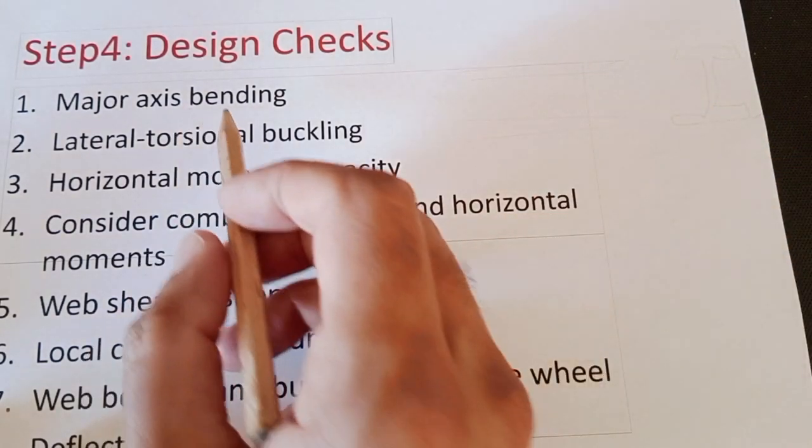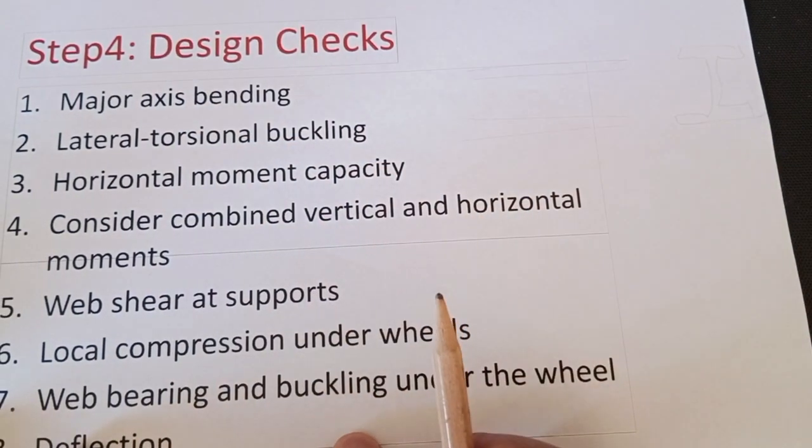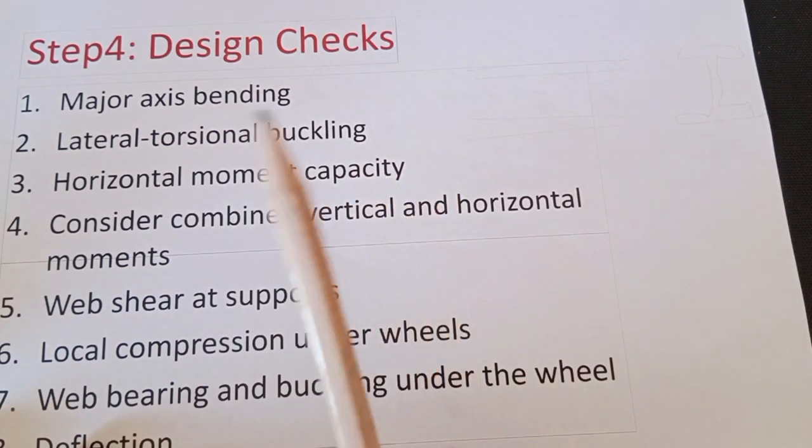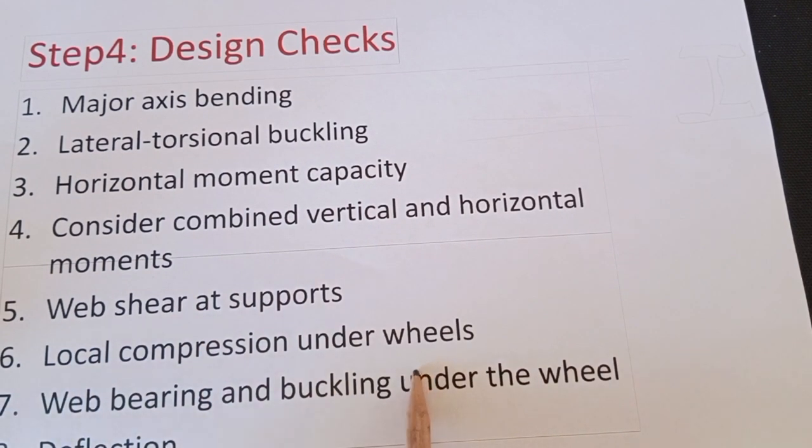For major, we have bending effect, major axis bending, and also we have lateral torsional buckling due to just lateral restraint of the flanges. And we have horizontal moment capacity that we will talk later, that is just taken by top flange. And also we will have combined action of vertical and horizontal moments.